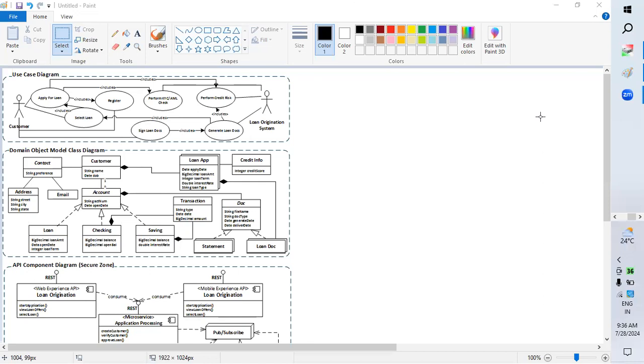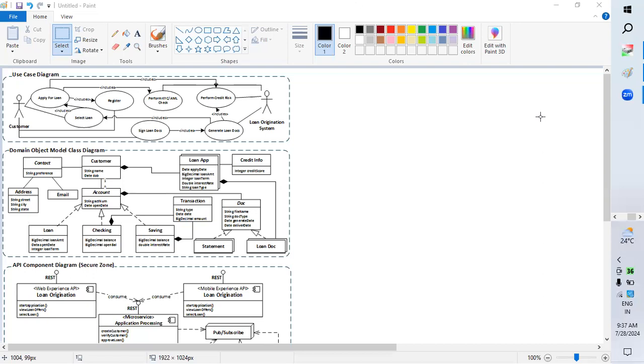At the same time, we will be focusing on the API and component based diagrams, right? These are all different components which are connected, more or less. When you talk about software engineering, it can majorly be domain, object, model, class, service components, right? Sequences, deployment, right? All these diagrams.